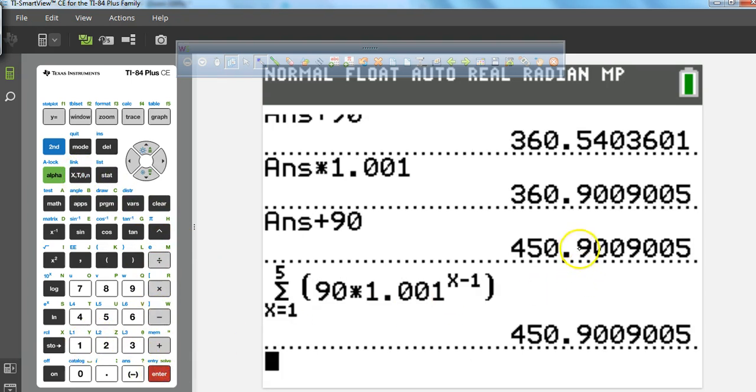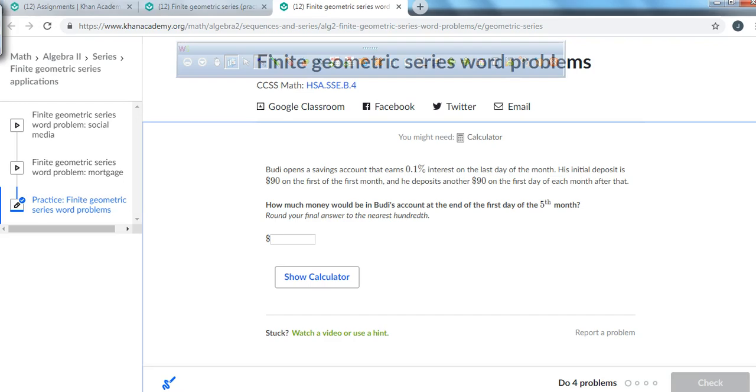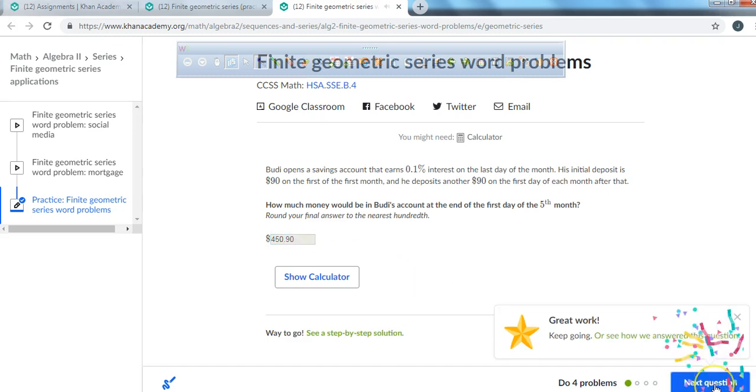Hey, cool, we get the same answer. We're going to type it in to the nearest hundredth. 90. And there we go.